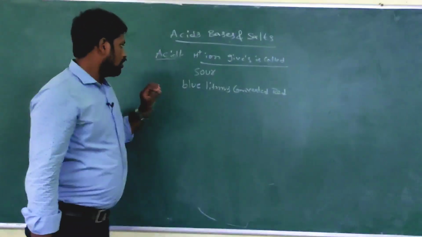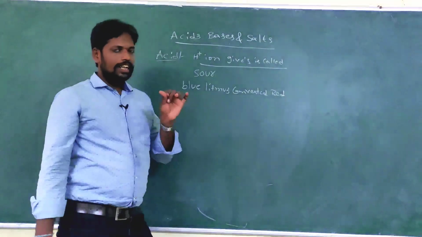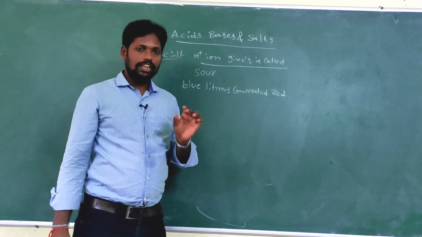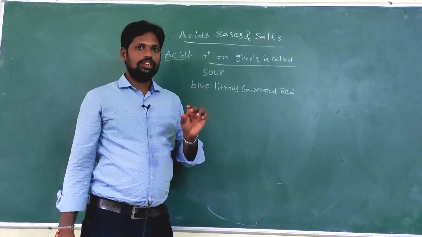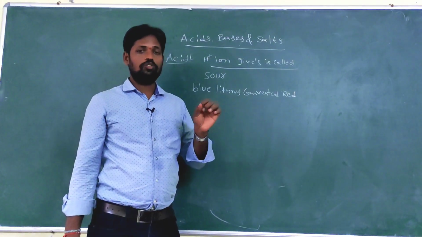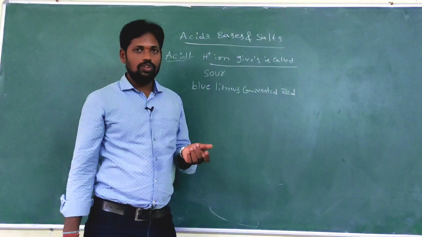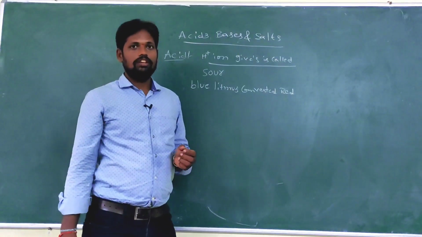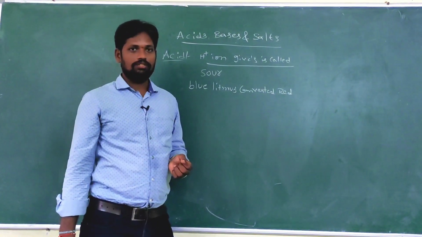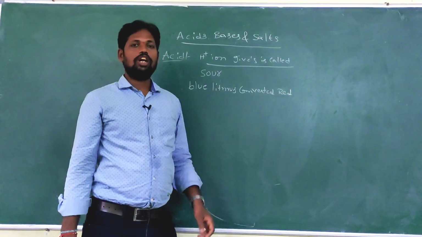And there are also indicators. Indicators are used to find out whether a substance is an acid or a base. One is litmus paper; another is methyl orange and phenolphthalein indicator.